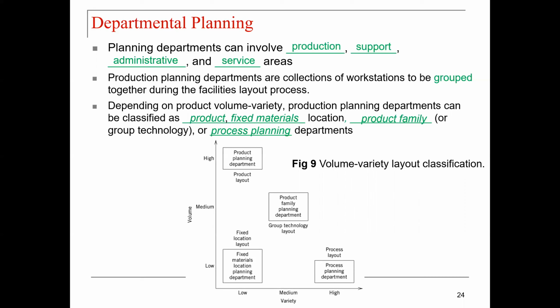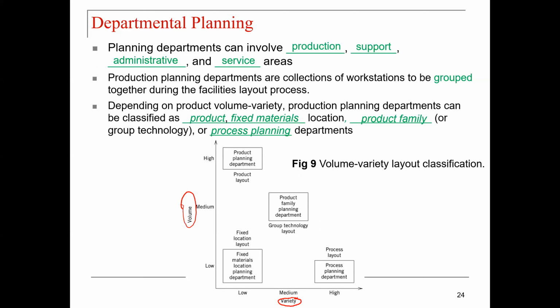And the decision is based on these two factors: the volume, how many products you are going to be producing, and the variety in terms of the products that you produce, how many different types of products.